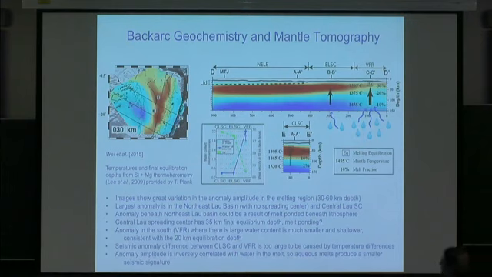And of course, the southern part is the part that has the large water input from the slab, and much larger amounts of water in fluid inclusion studies, and much larger amounts of water from slab mobile or fluid mobile elements.